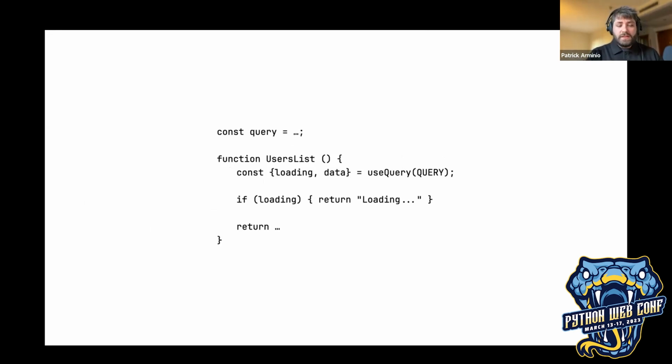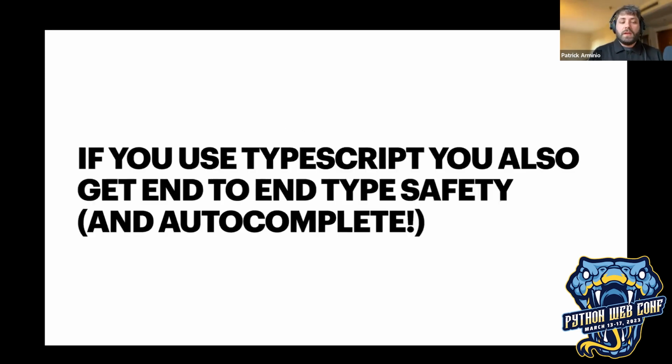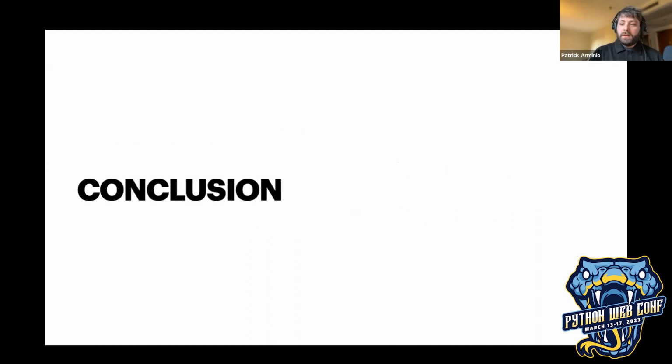Other than that, just these few lines of code are going to give you all the data fetching, error management, and additional features almost for free, which is very nice. And if you use TypeScript, you get end-to-end type safety and also autocomplete, which is one of my favorite features of the language. I can just start writing the code and then it suggests the fields I want to use.